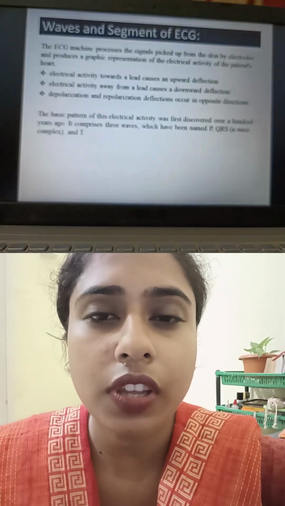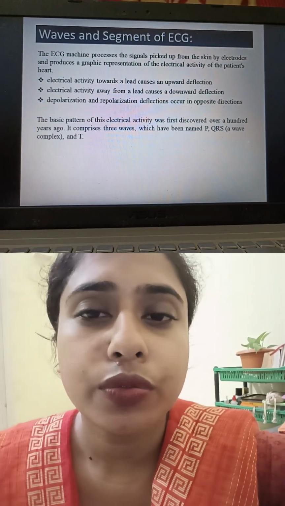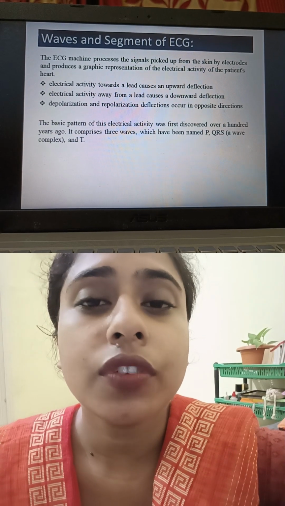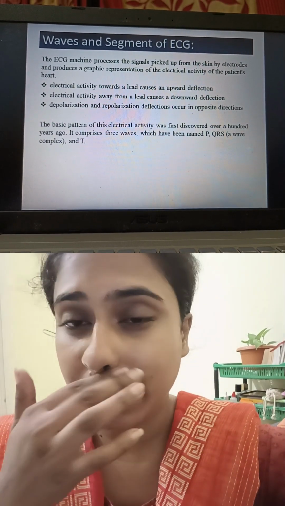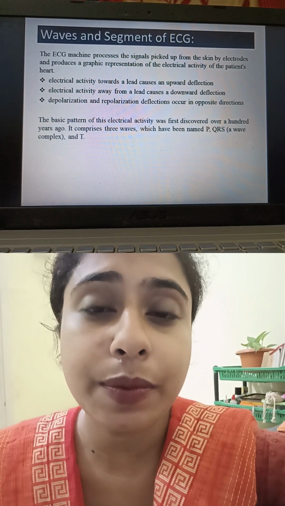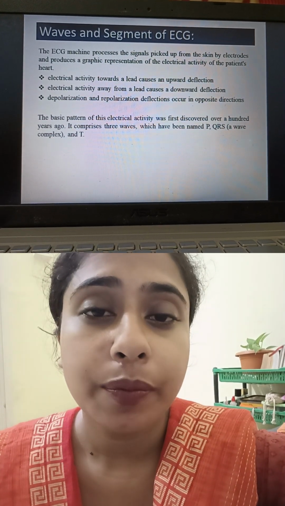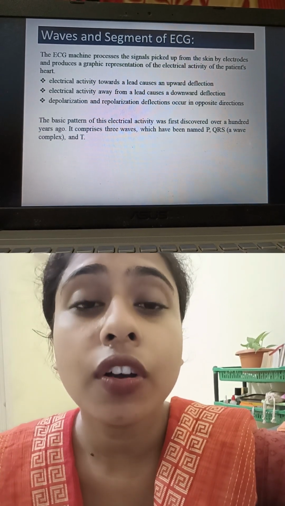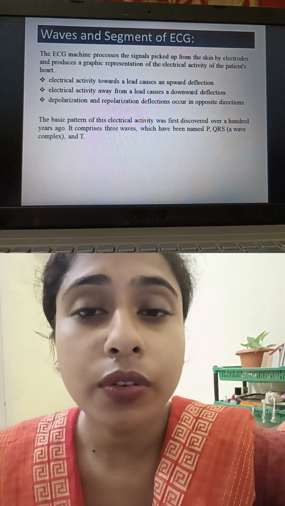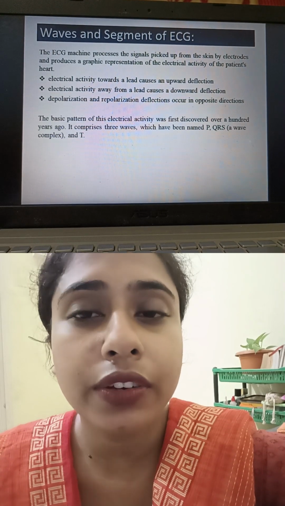So now let's talk about waves and segments of ECG. I have mentioned before that the ECG machine picks up signals from the electrodes placed over our skin. Those electrical activities we will see as a graphical representation.